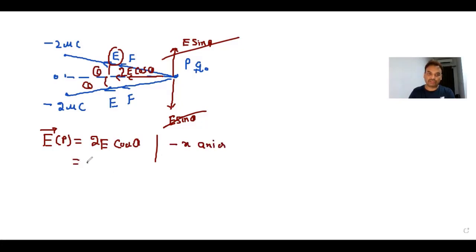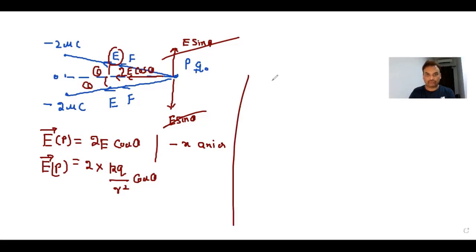So you can calculate this as 2 times E, which can be written as K times Q upon R square, and cos theta. So you apply the same method and you can find out the resultant electric field, right? So let me solve this for you.